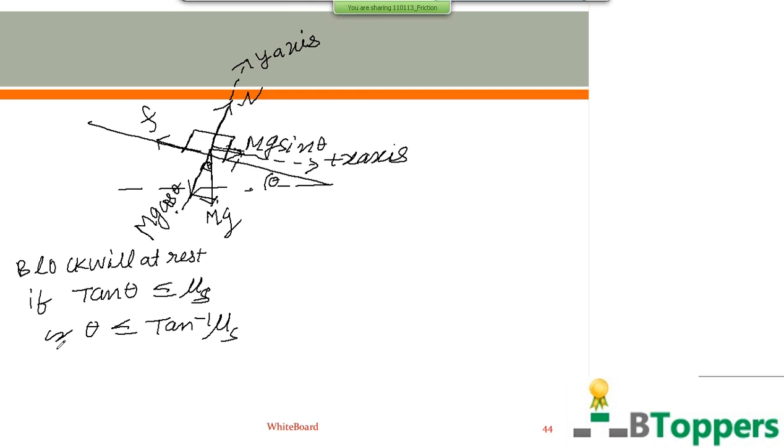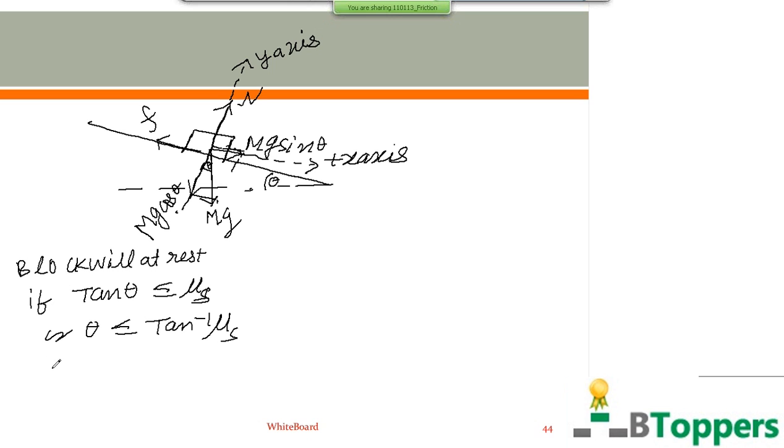That means, suppose a block is placed on a rough plank or rough plane surface, and let us suppose the angle of inclination to the horizontal is gradually increased from 0. The block will remain at rest on the rough plane surface as long as tan theta is less than or equal to us.